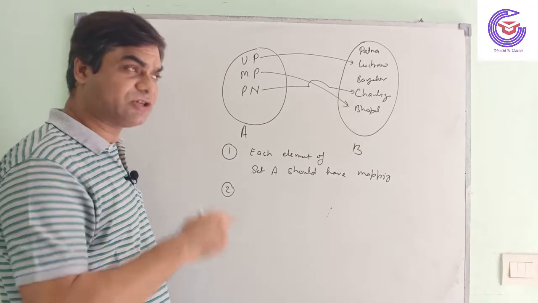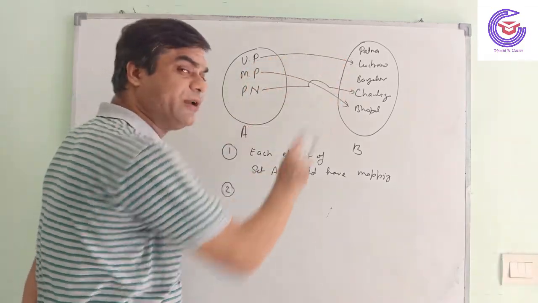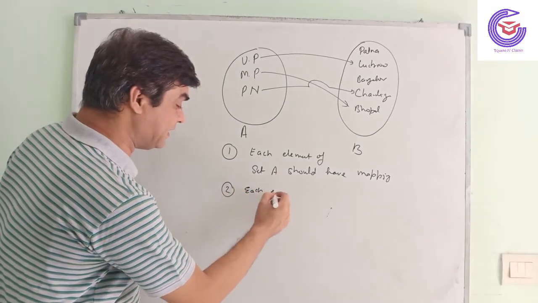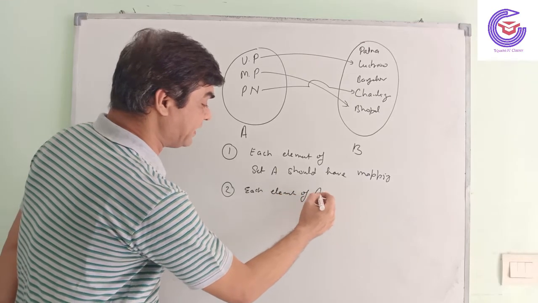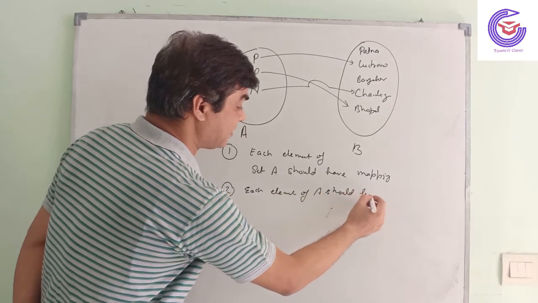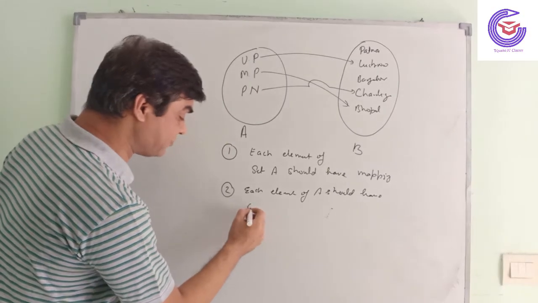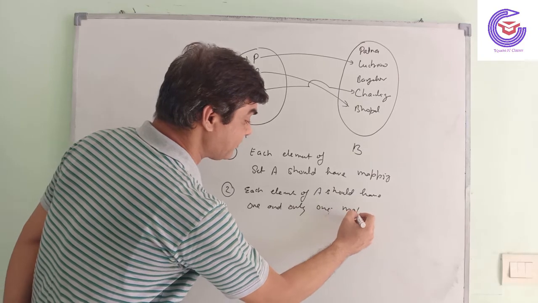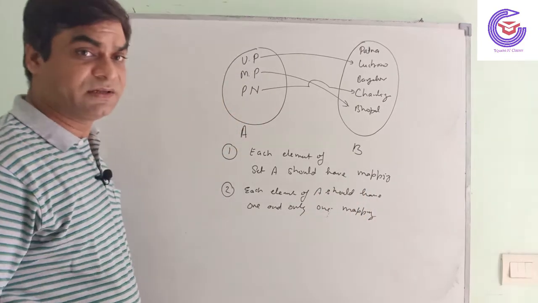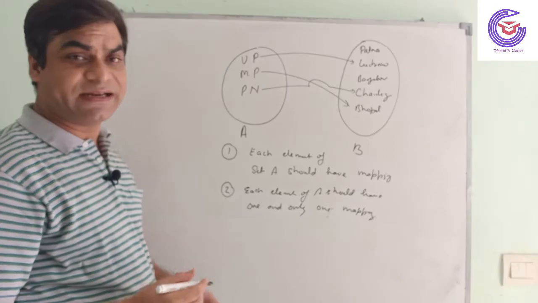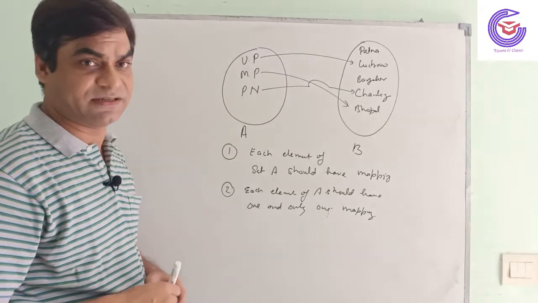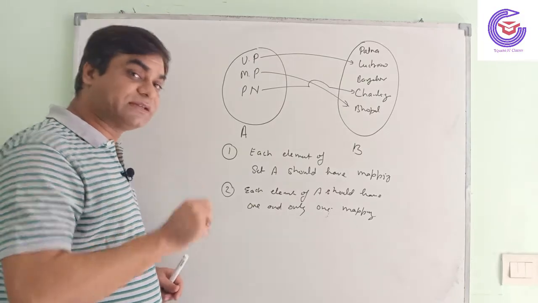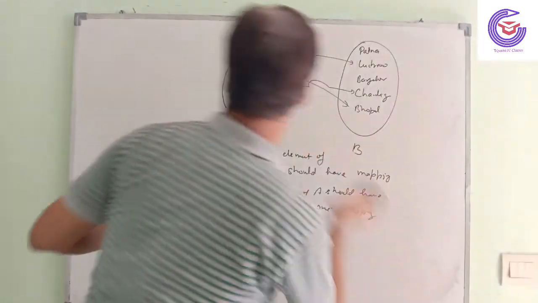In the same way, in a function also, one element can have only one mapping. So each element of A should have exactly, or you can say one and only one mapping. So these 2 are very essential conditions for defining a function. Okay, so I'll give you one or two examples so you can very easily see which are functions and which are not.